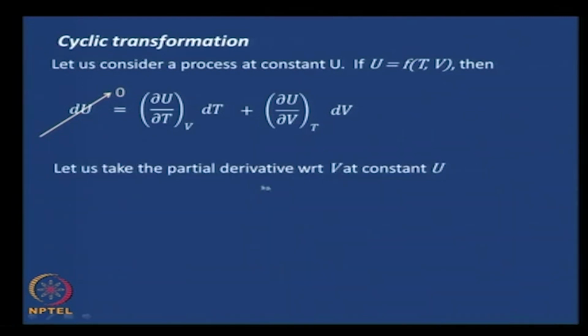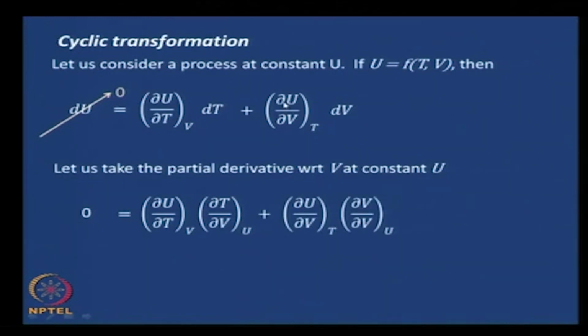Now, if we take the partial derivative with respect to v at constant u, then the 0 is going to remain 0, that is a constant, and it equals dou u dou t at constant v times dou t dou v at constant u. Note that we are taking the derivative with respect to v at constant u.